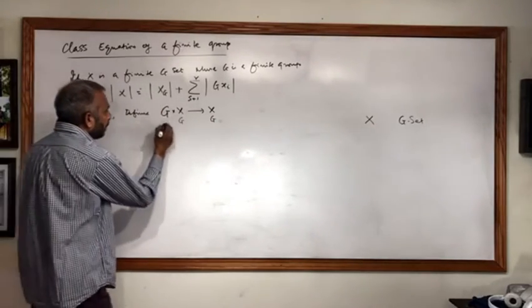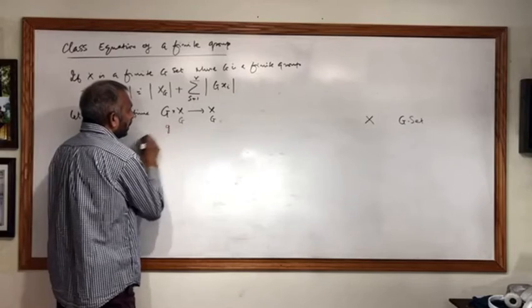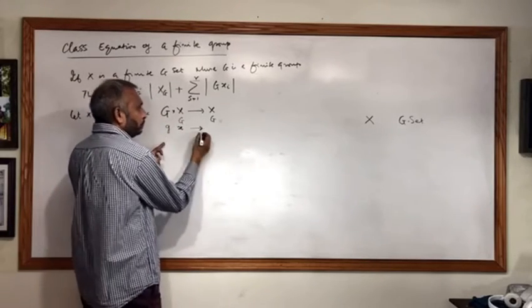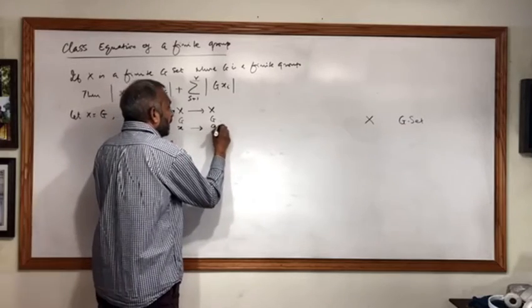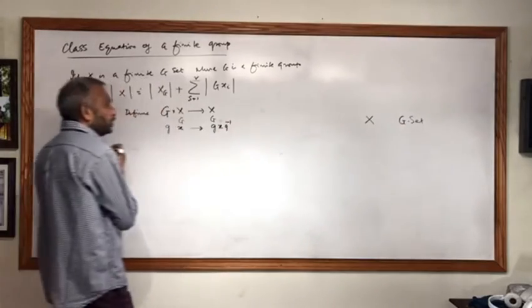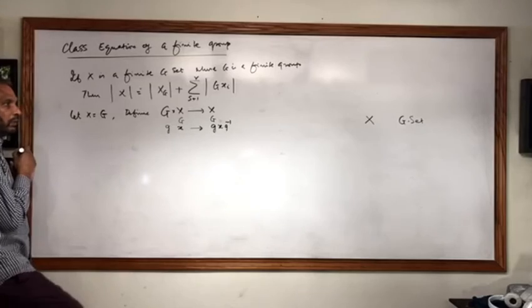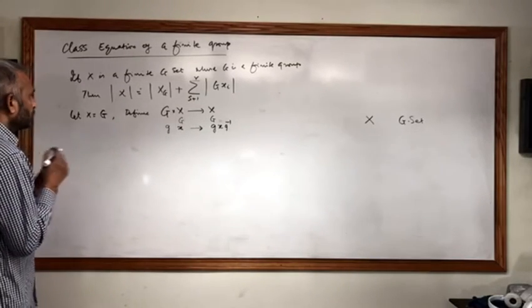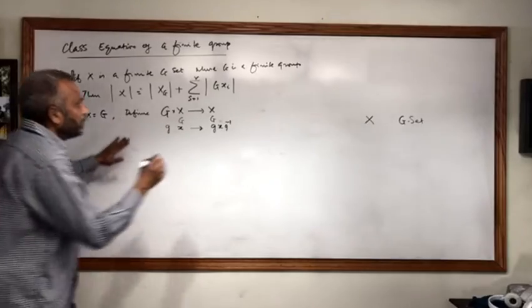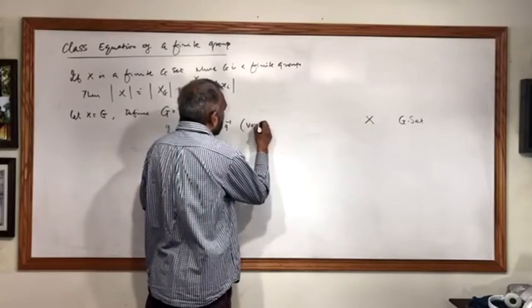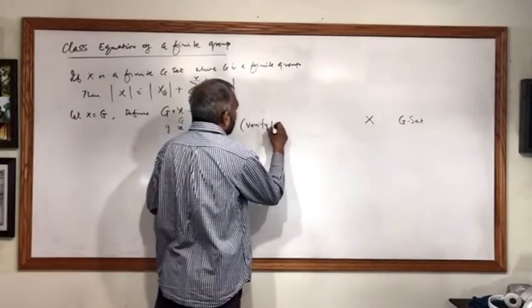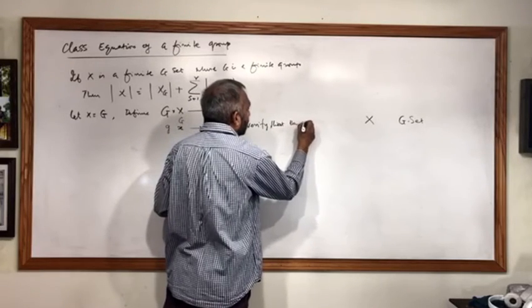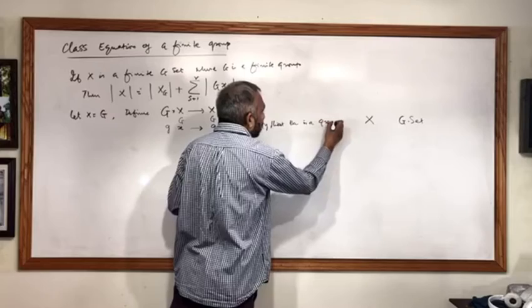So take an element from here and an element from here, and that goes to gxg inverse, the conjugate of x under that element. So this is the action. So verify that this is a group action.